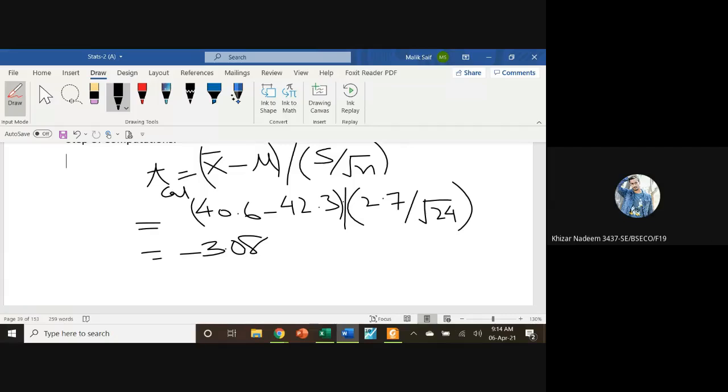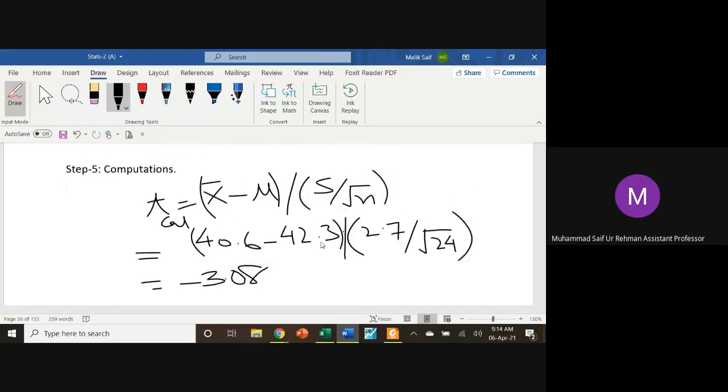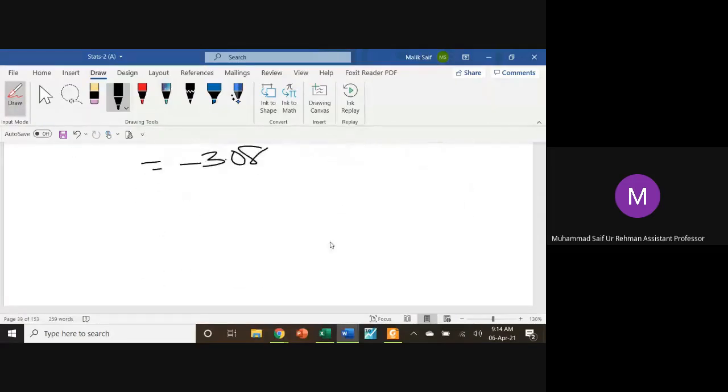Yes, sir. Okay, minus 3.08 is the calculated value for t. So here you will write down t calculated, and here write down t tabulated.